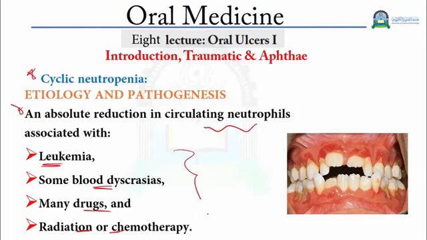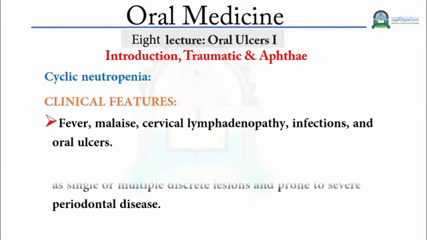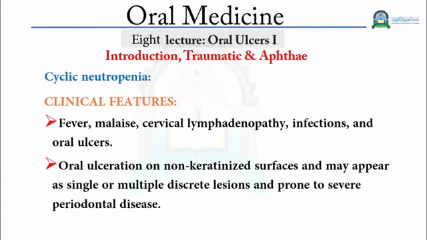Clinically, we will find the patient with fever, malaise, cervical lymphadenopathy, and infections, besides the oral ulcer.